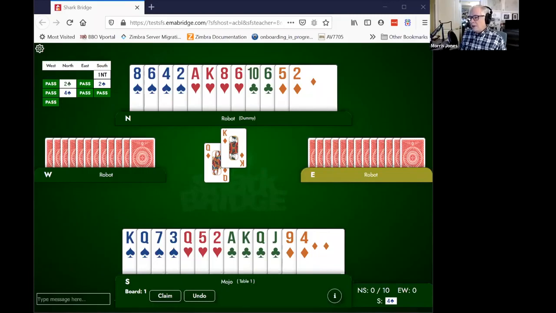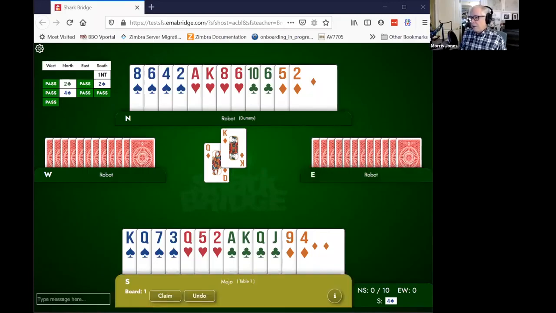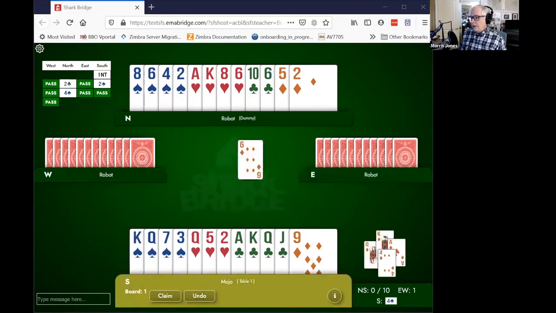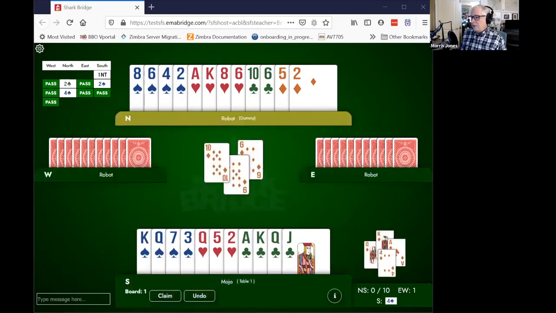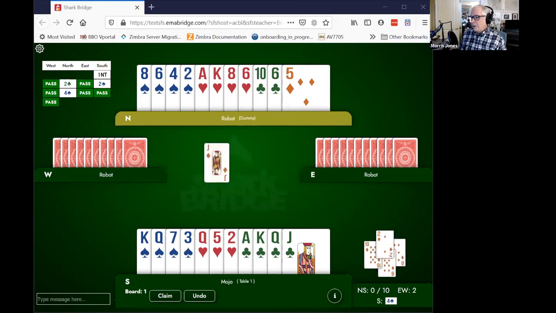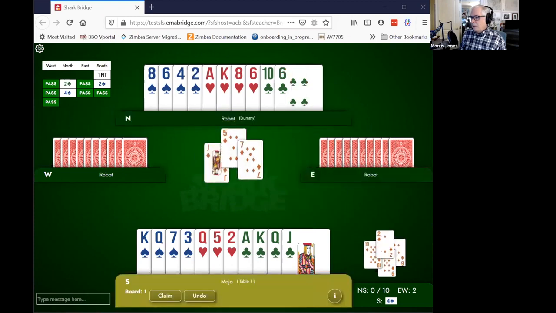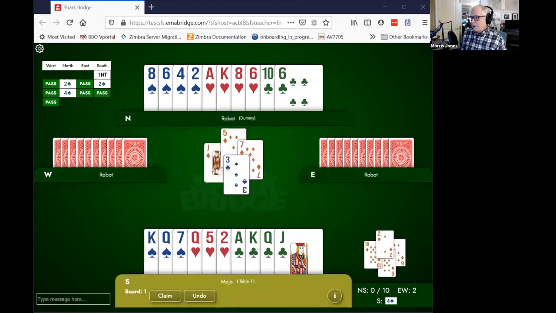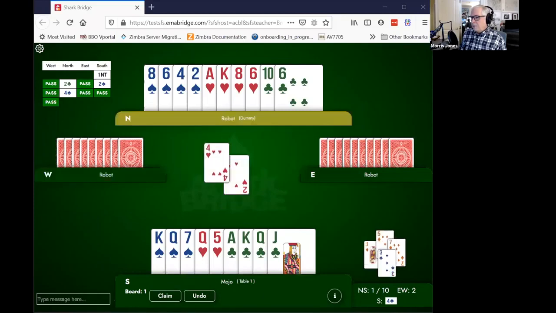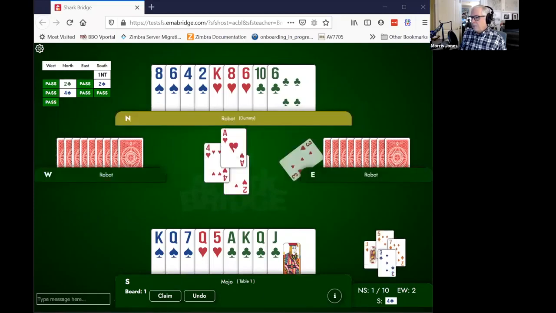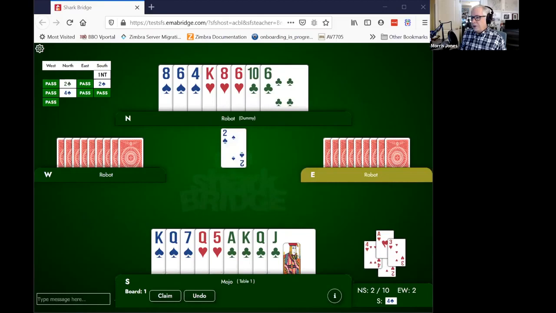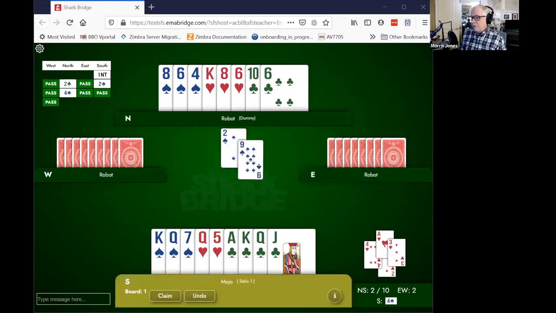Well, this isn't a ducking play. This is a finesse. Okay. So I'm trumping this one, crossing over with a heart. So this is the trick you're talking about, right? Where the opponent plays a 9.